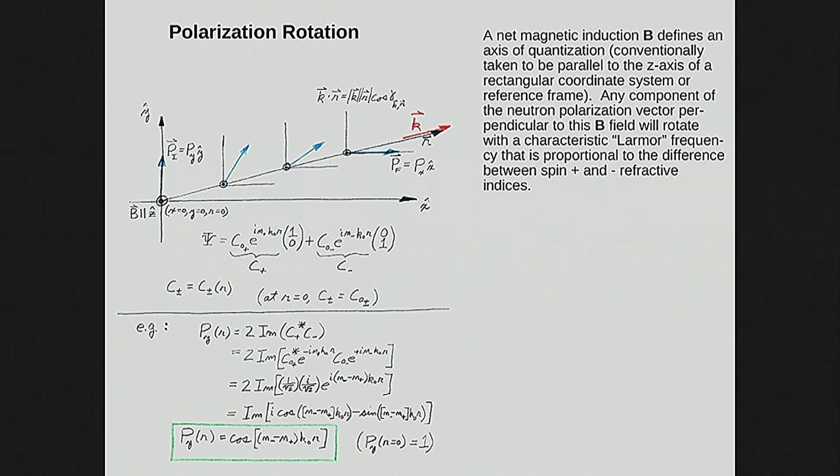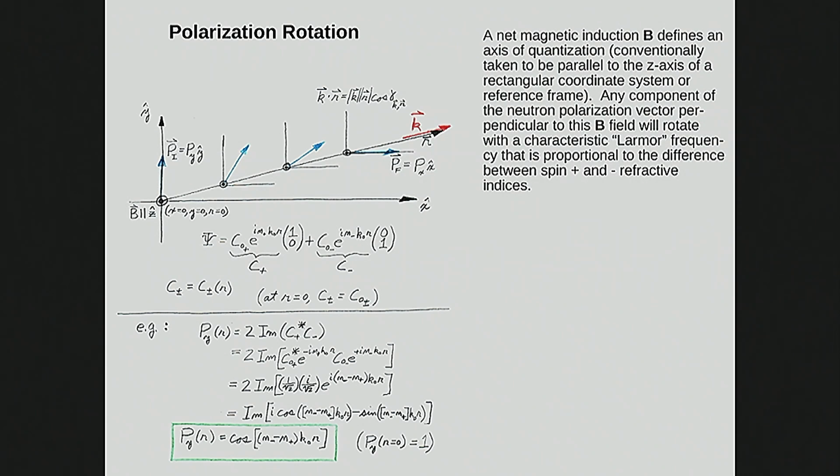And there are different ways to describe this, and it turns out that the real difference between spin up and spin down is the refractive index. Remember, the K vector in the field for spin down is different than for spin up. So if you have a beam that does not have a perfect polarization of 1, but has some non-unit value, then this polarization vector relative to the applied quantization field, the magnetic field, is tilted.